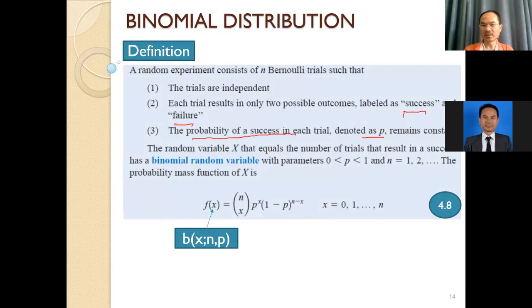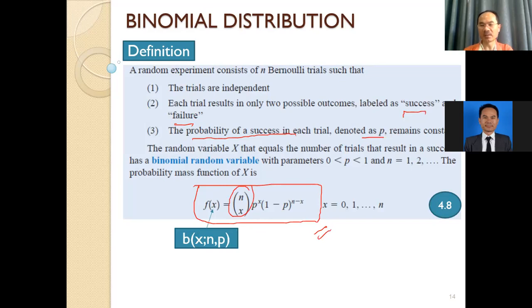For the definition of the binomial distribution, we can represent it by this formula. It's easy to fit your data to the binomial equation. The formula uses factorials, then P to the power x, times 1 minus P to the power n minus x.